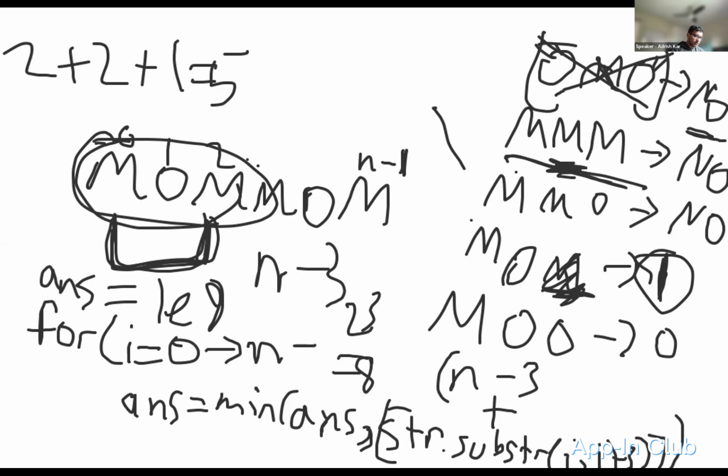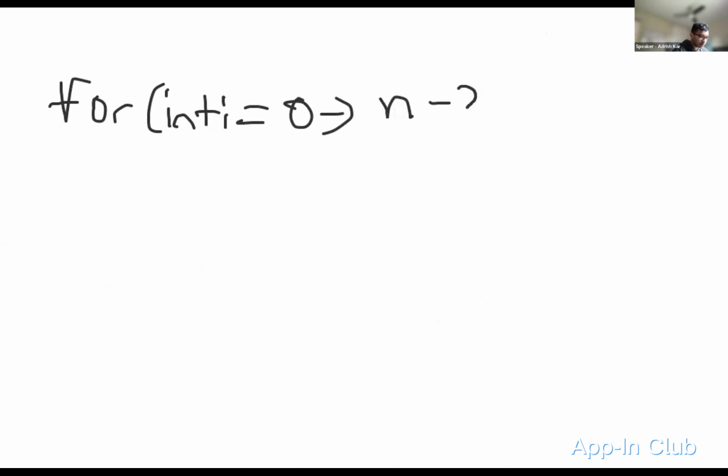So to clearly outline our solution, I'll clear all drawings. We have for int I goes from 0 to n minus 3 inclusive. We initially set answer to a max of 1E9.